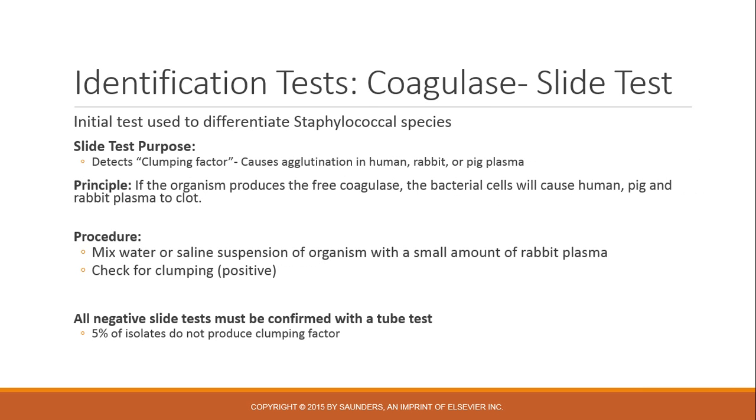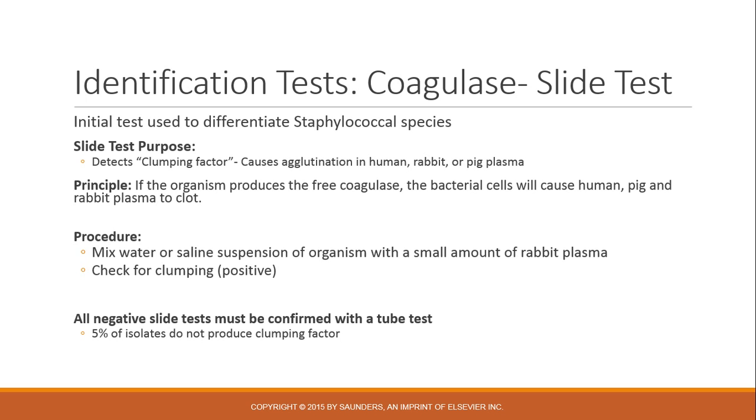Okay, so the coagulase test. The coagulase test is the next test that you do if it's not lemon yellow. If it's catalase positive, you want to do a coagulase. Basically, what this test is doing is checking for Staphylococcus aureus. Is it Staph aureus? Okay.